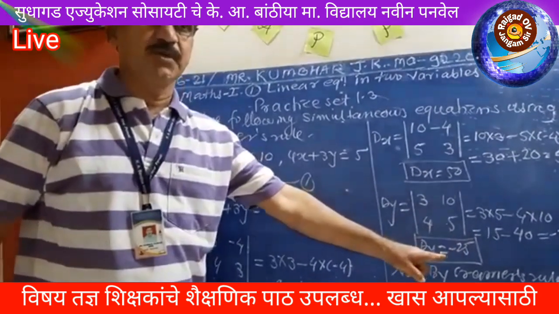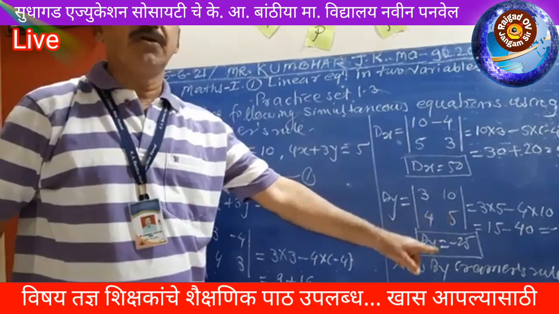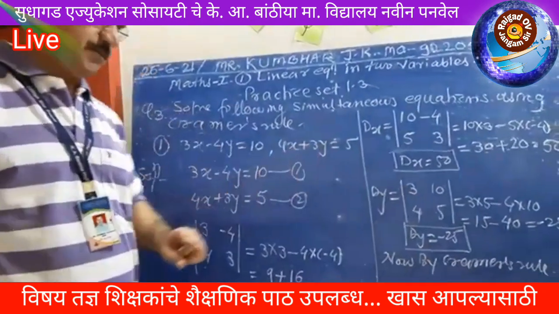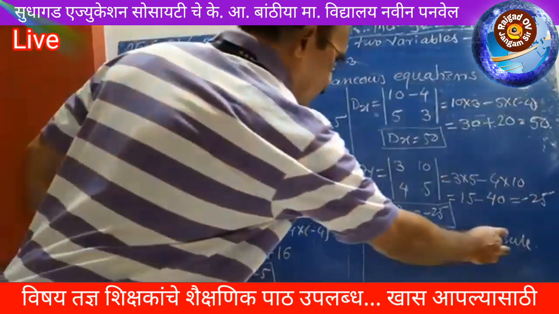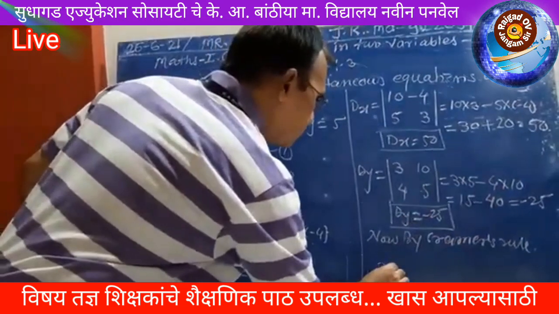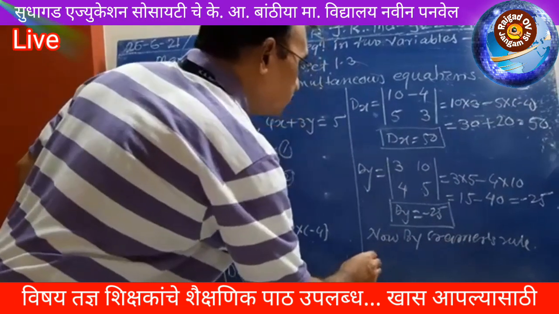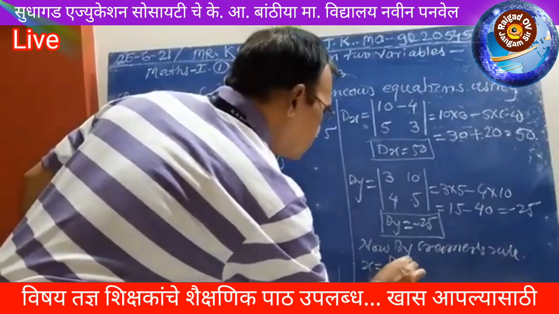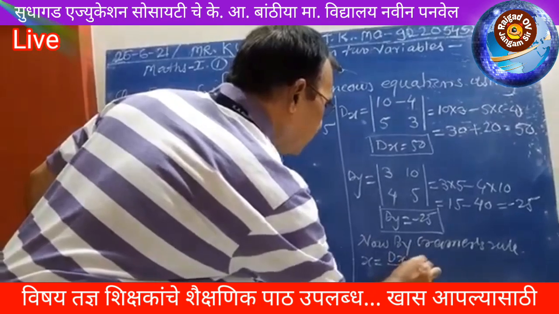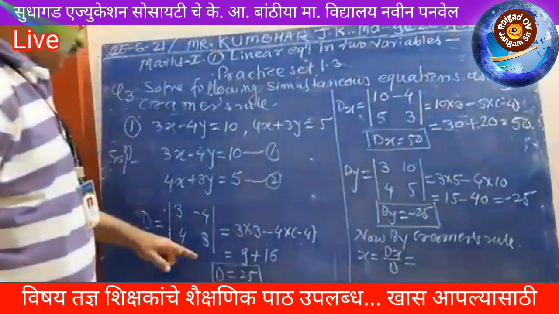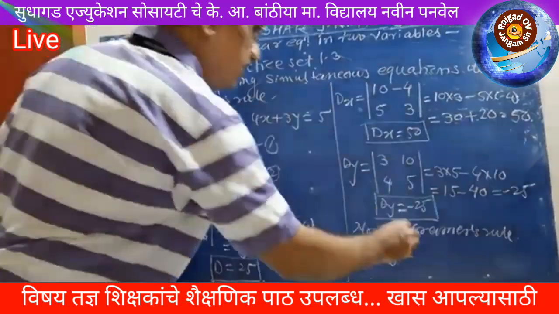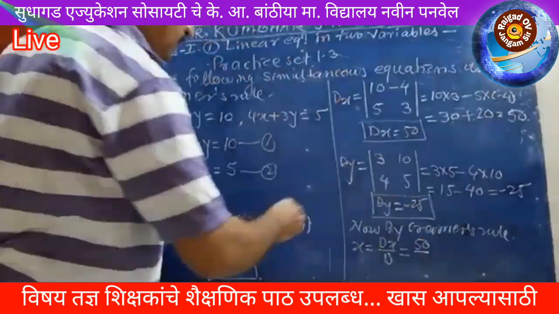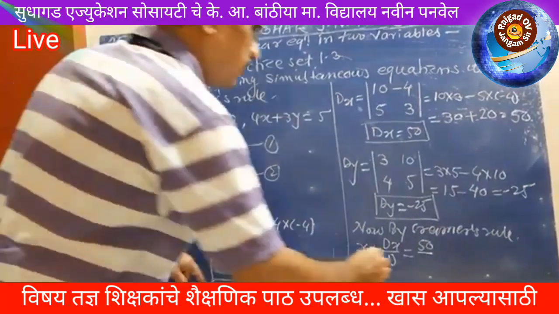For tough cases means those who are getting 40 out of 40 marks in the board exam. This should be compulsory there. Now by Cramer's rule, x is equal to Dx by D, which is equal to, here Dx is 50, divided by D. D is 25.